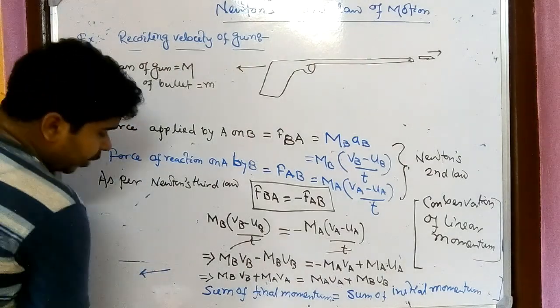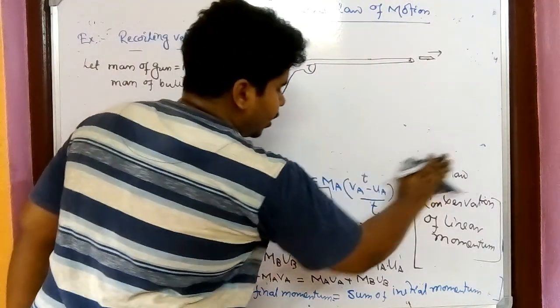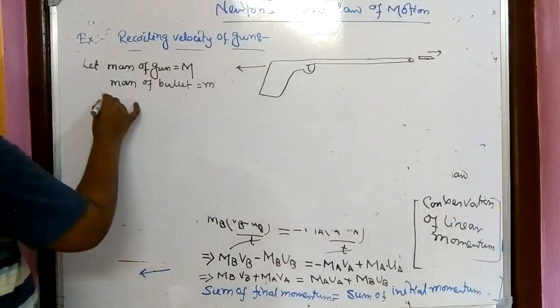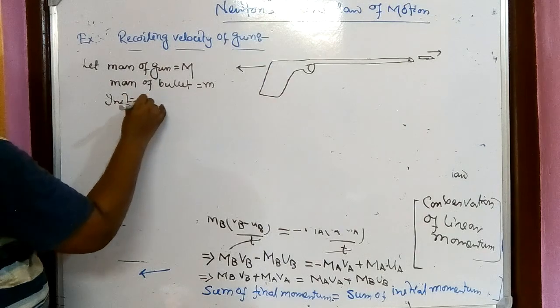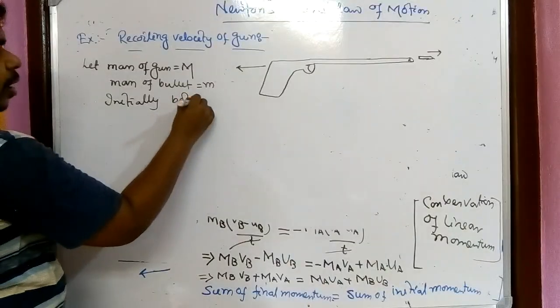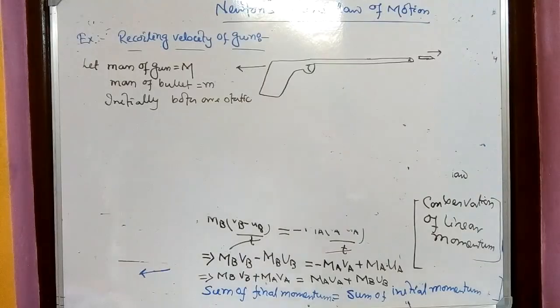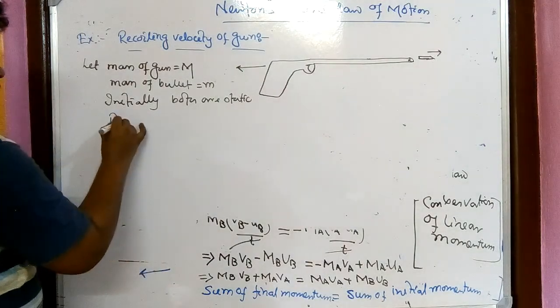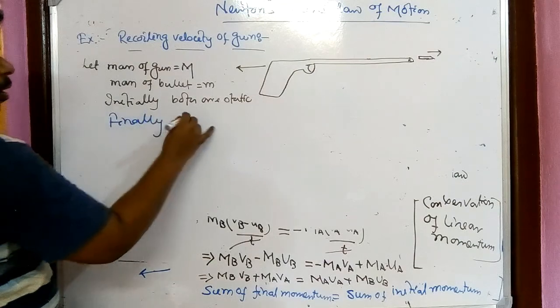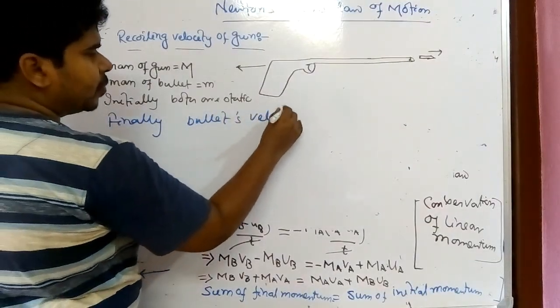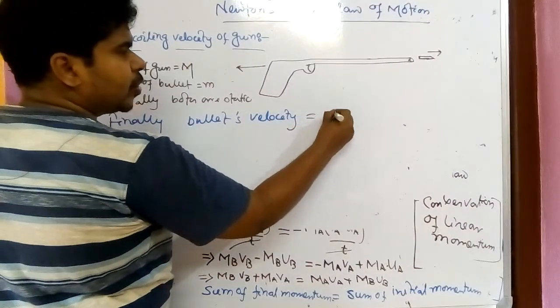Initially, whenever no firing has occurred, both are static. So we can say the initial velocity of both the gun and the bullet is 0. Now finally, the bullet velocity when it is fired, assume it is small v.